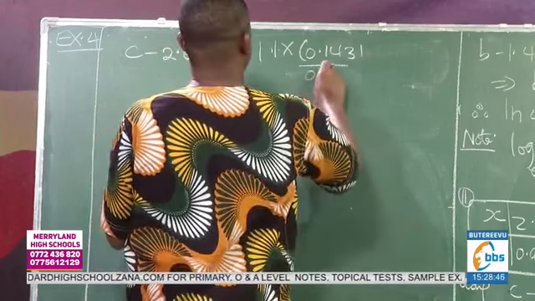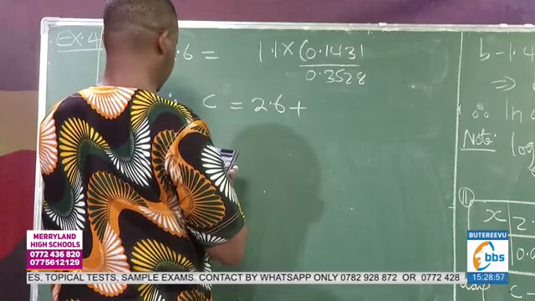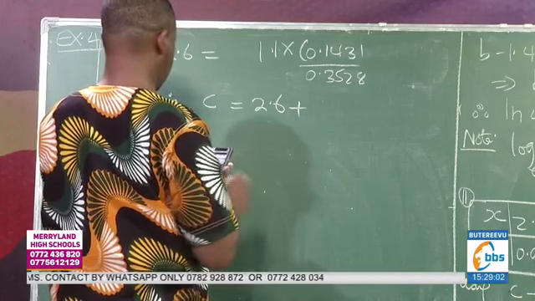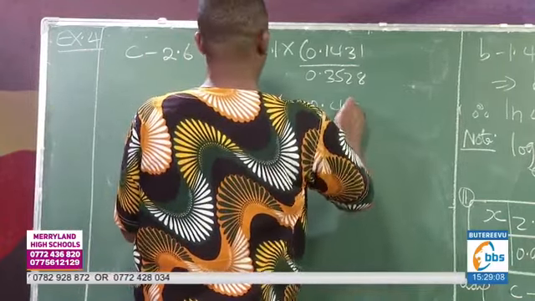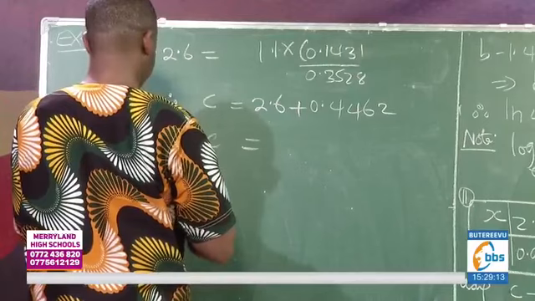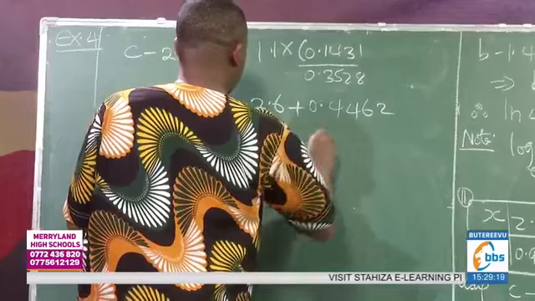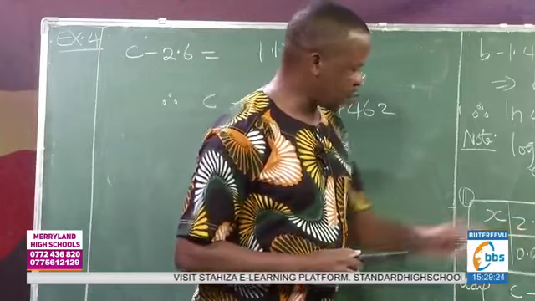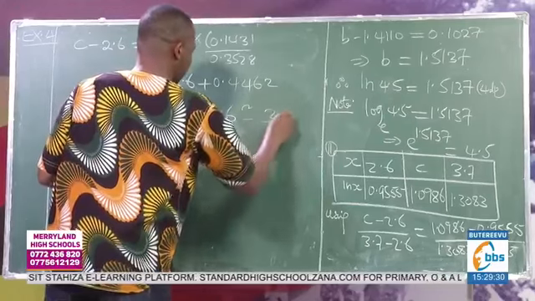When you compute that, it will give you 0.446, we can call this 2. Therefore, the value of C will be 3.046. But since these values are recorded to one decimal place, we shall say this will be approximately 3.0.